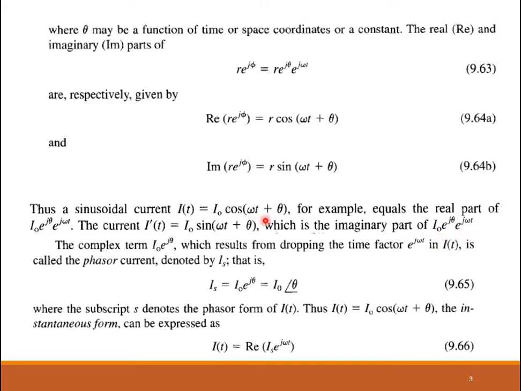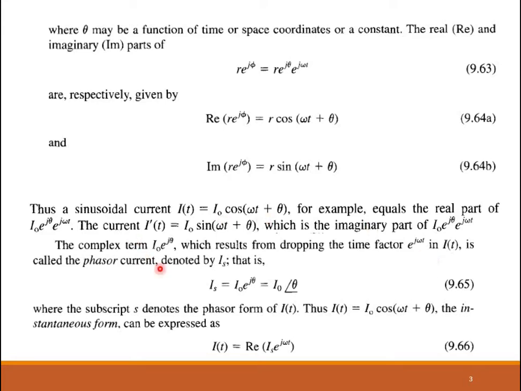Now, this complex term that I have over here, I0 e raised to j theta, results from dropping the time factor e raised to j omega t. So what you should understand here is, when you introduce the time factor, the term which contributes to the time factor is omega t, which means e raised to j omega t represents the time factor.